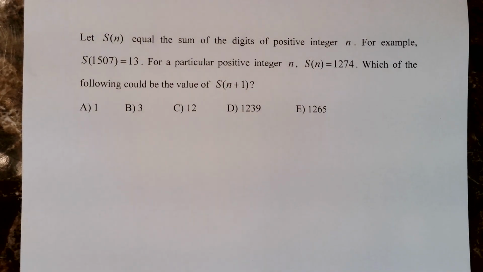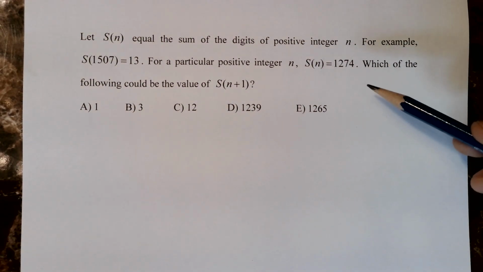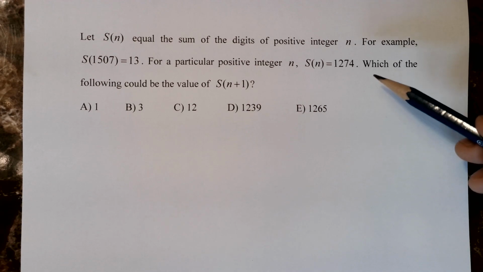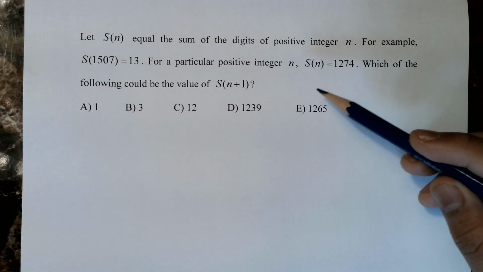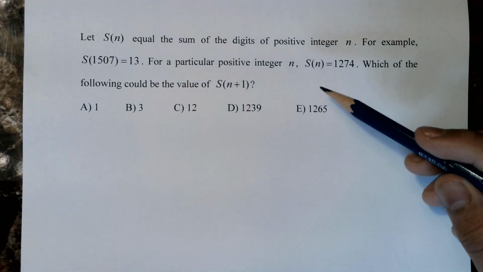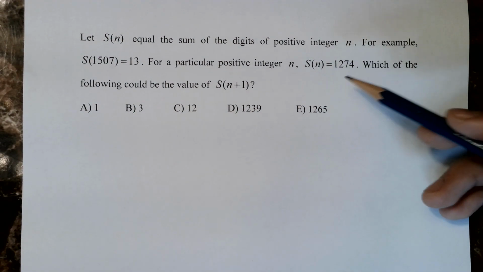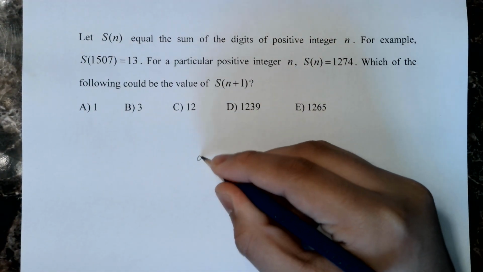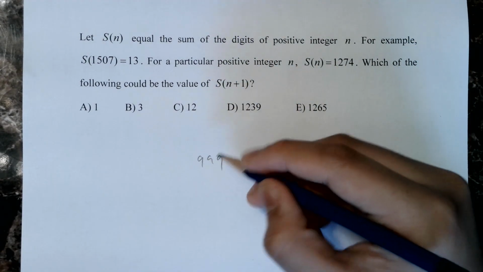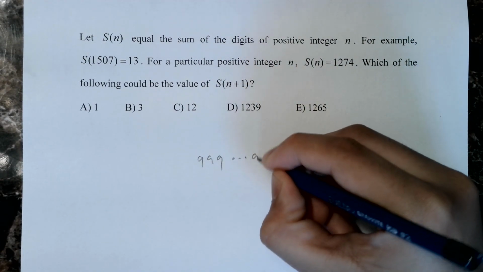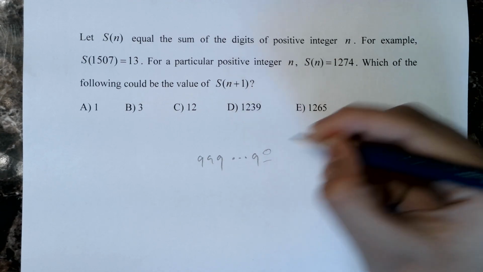Now, obviously, 1274 is not divisible by 9. However, I'm going to try and make n as small as possible so that this won't be as complicated. So we will have n equal to a bunch of 9s and then a certain digit here that we don't know.